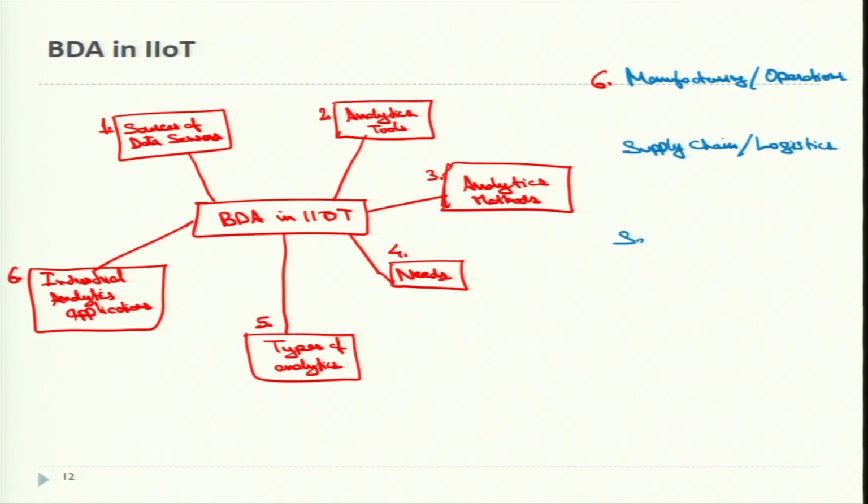Then sales and marketing, also research and development. Now, these different functions of the industry, whether manufacturing, supply chain, sales, marketing, research and development, are to be taken into account. Which function are we targeting?